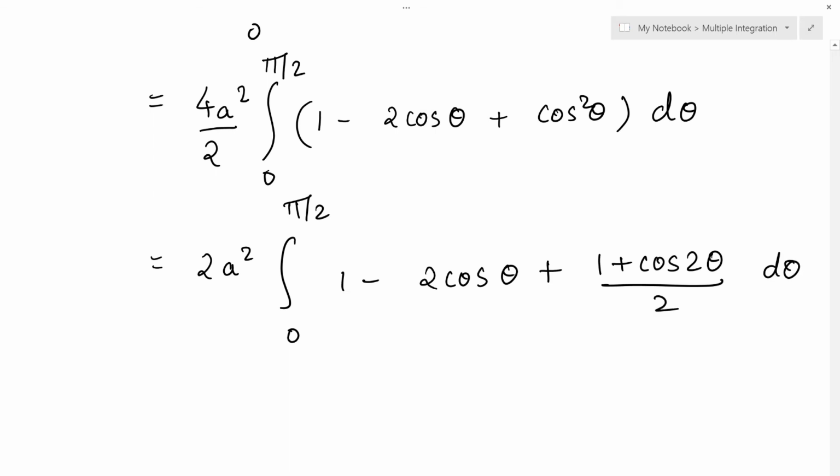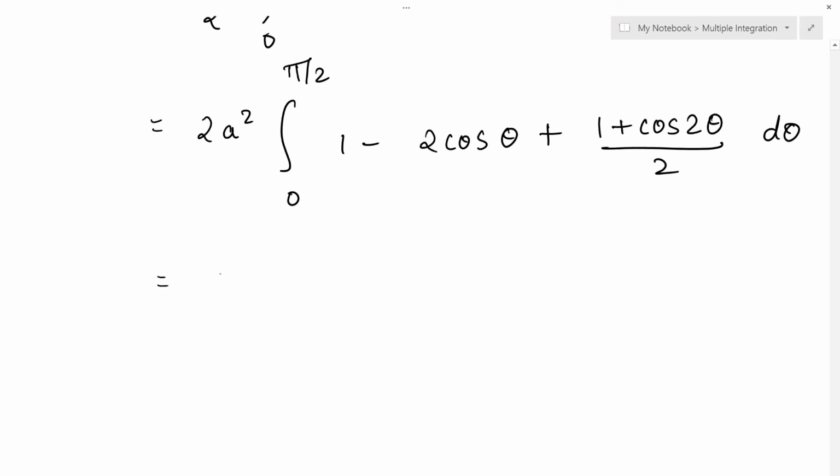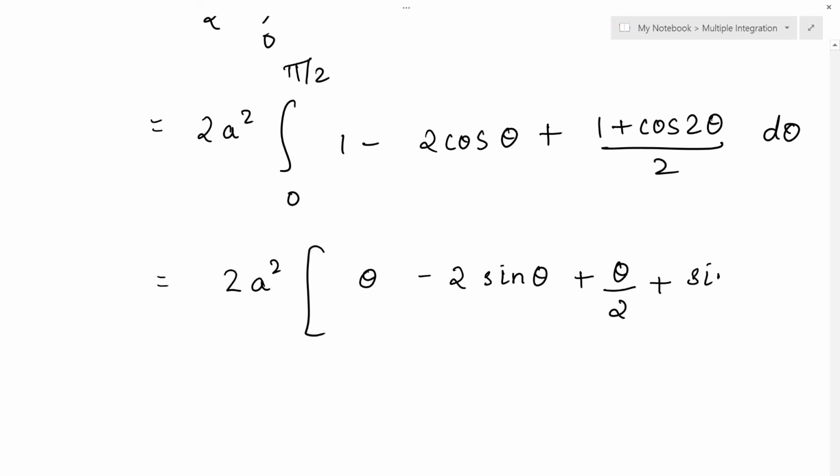And now let's integrate this. You will have 2a square, and here you will have theta minus 2 sine theta plus theta by 2, and here you will have sine 2 theta by 4, and the limits of integration are 0 to pi by 2.